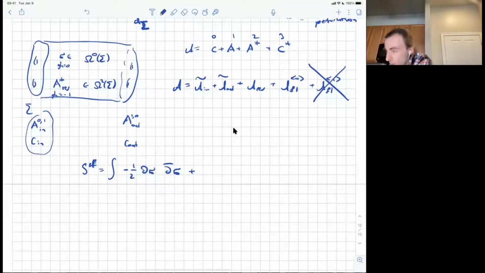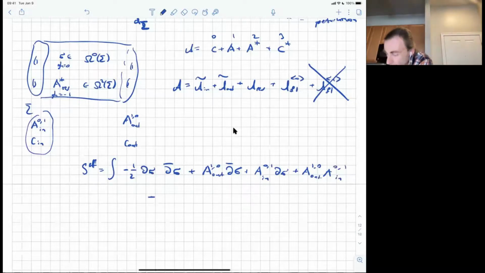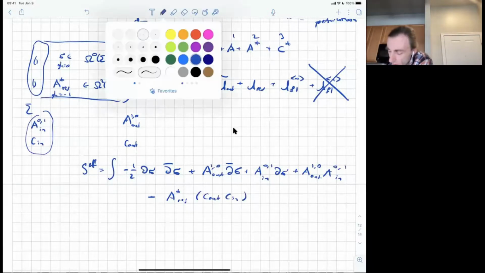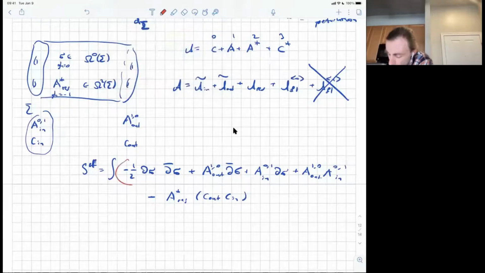And then terms where it talks to the boundary conditions: A10, A01, so out and in, and also the ghost term. I think that the most interesting term here is the first one.